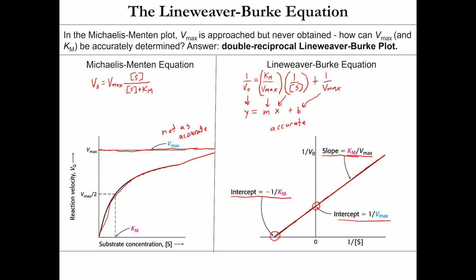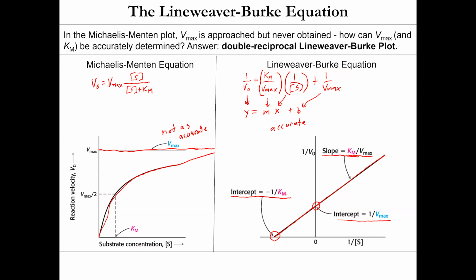So this is a very useful tool to figure out more precise measurements of Vmax and Km, because you can determine them from the slope, the y-intercept, and the x-intercept when you plot 1 over the initial velocity over 1 over the substrate. So the Lineweaver-Burke plot is very important for that, and it's also easy to ask questions like this for the exam.